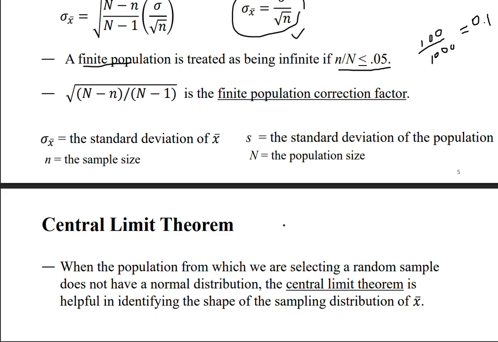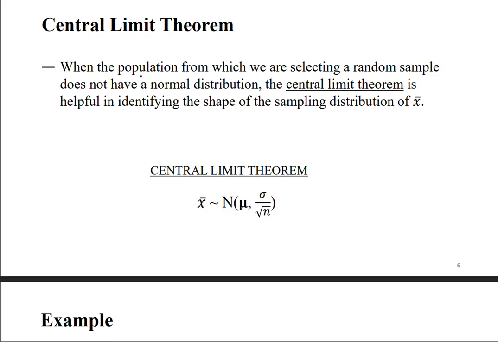So knowing these two very important parameters, I want to introduce you to what we call the central limit theorem. The central limit theorem is basically saying that when you have any distribution, and the distribution does not follow the normal curve, right? And so it could be any distribution. It could be a binomial distribution.